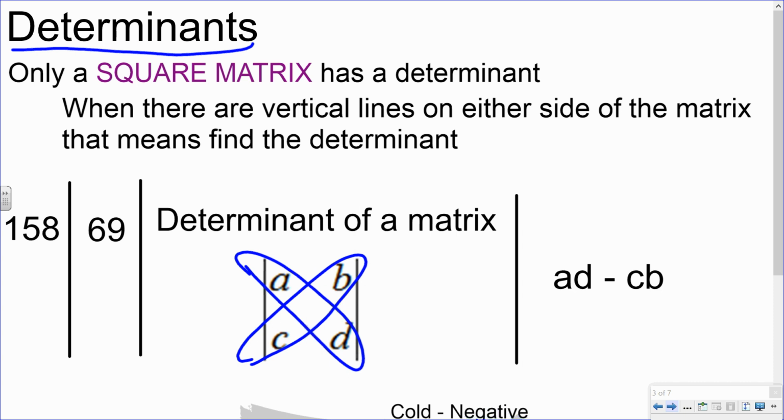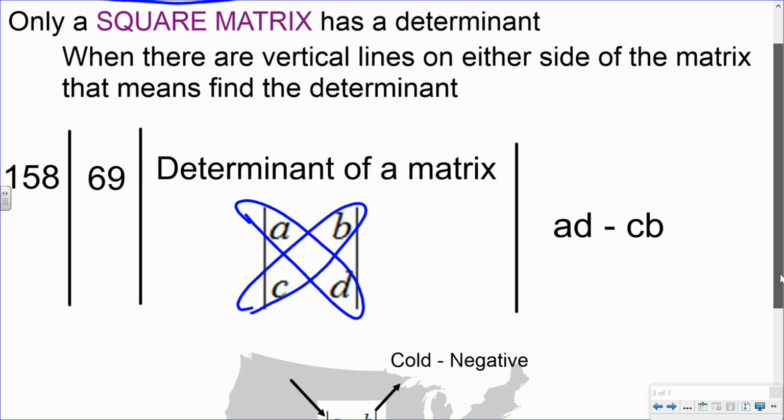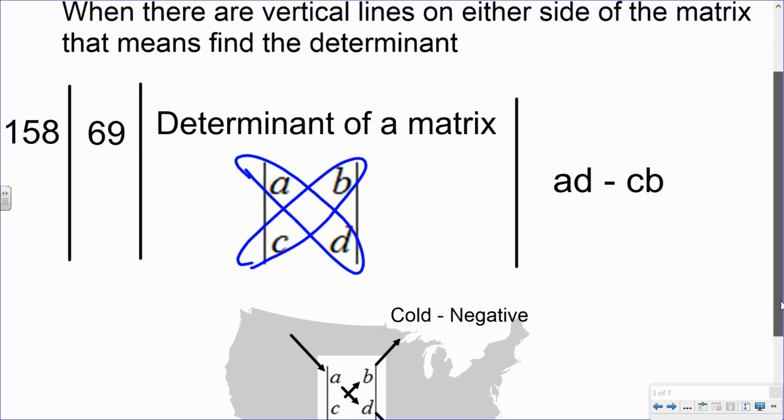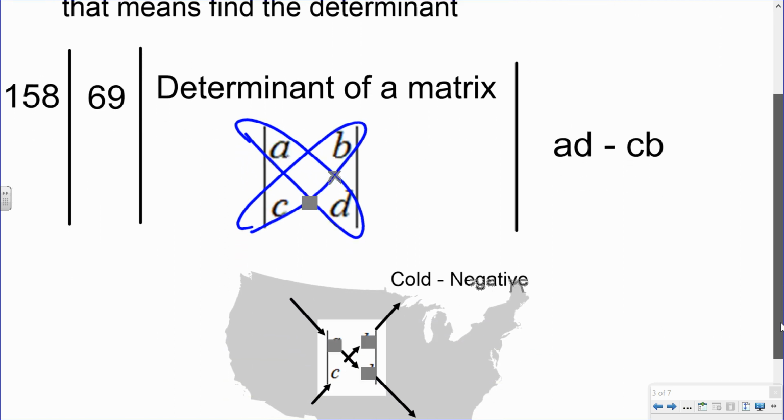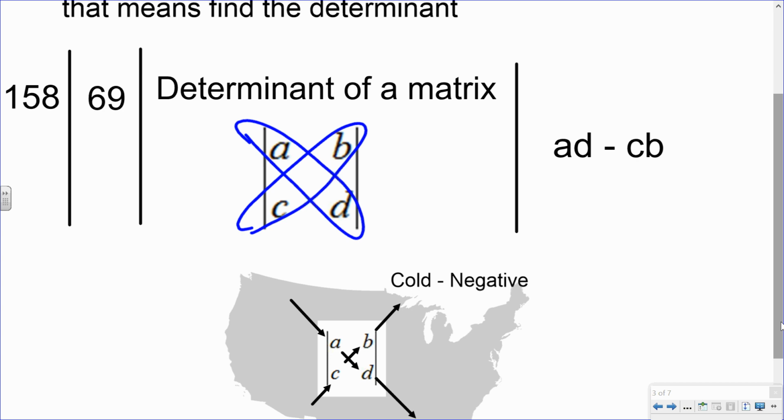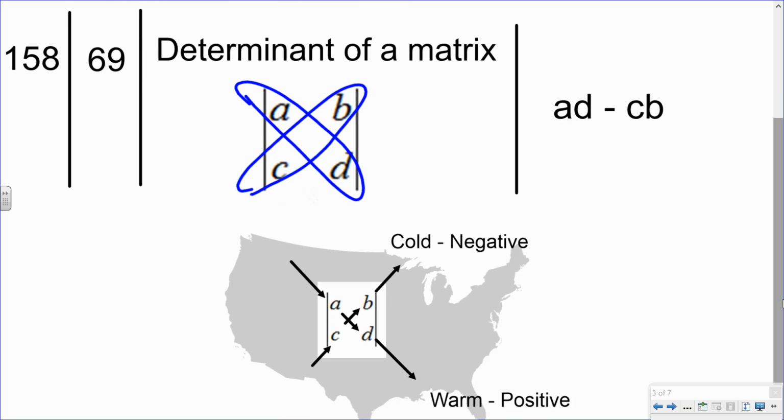And sometimes students find it helpful to remember which one is which by thinking about a matrix on top of the United States. And we're going to go from left to right for both of these because that's how we always read. If we go left to right for this diagonal starting up in the northwest, and we go down through AD, we end up in the nice, warm, sunny southeast where the temperature usually stays positive.